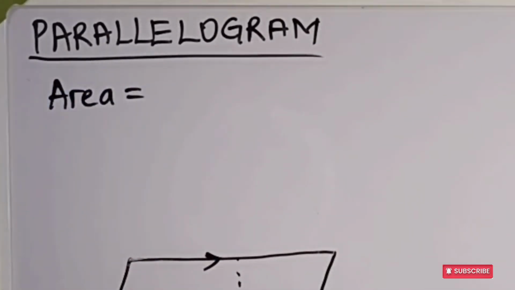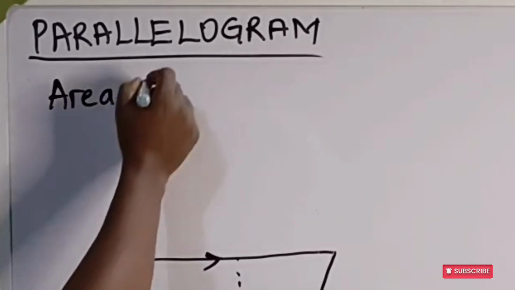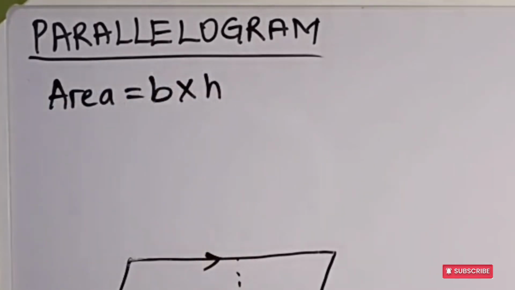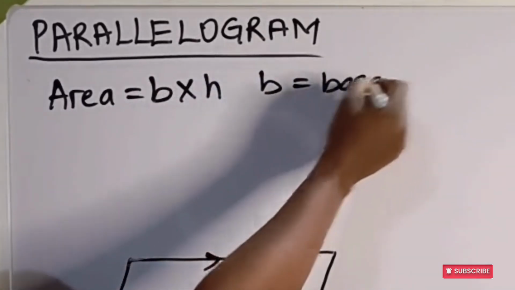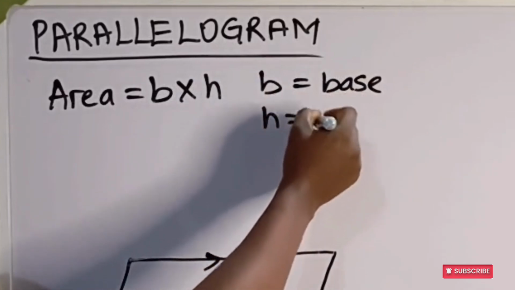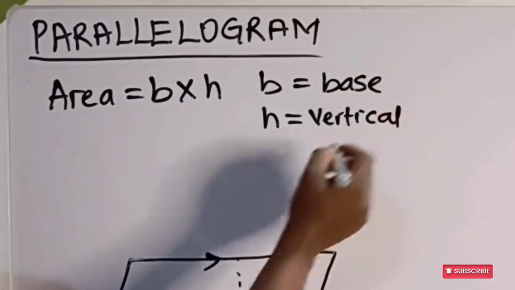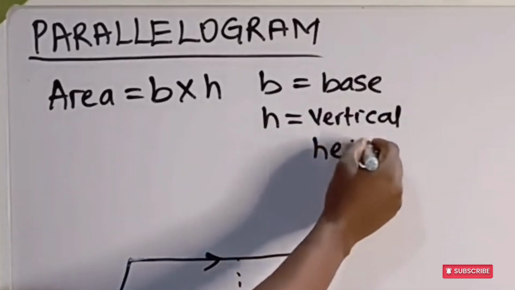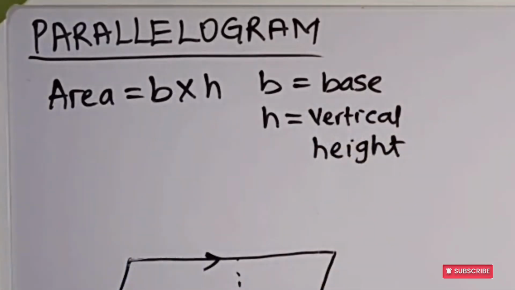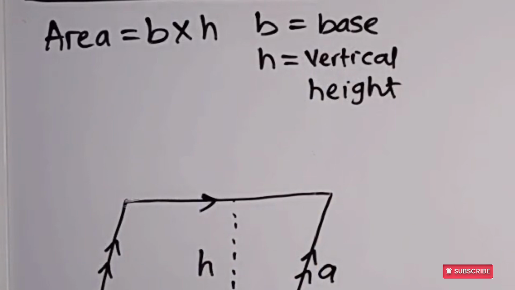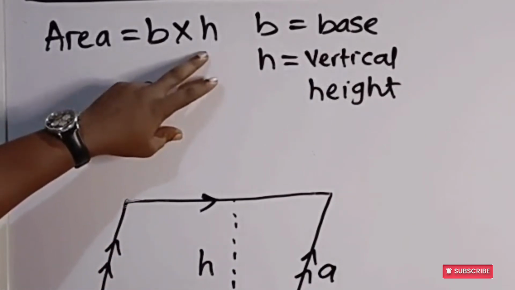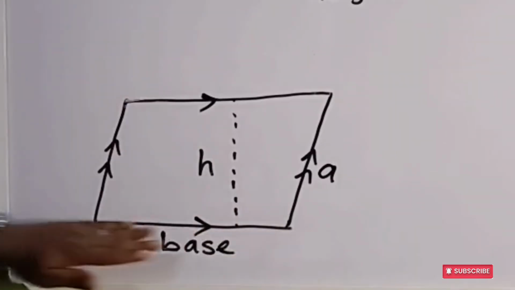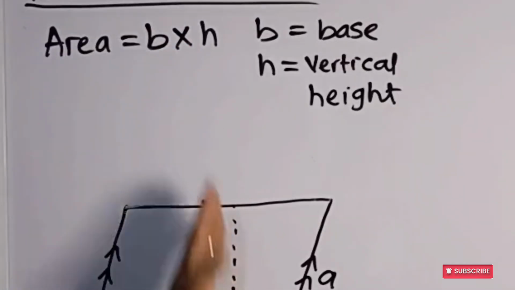The area of a parallelogram is equal to B multiplied by H, where B is the base and H is the vertical height. Whenever you are told to calculate the area of a parallelogram, the formula is B multiplied by H.